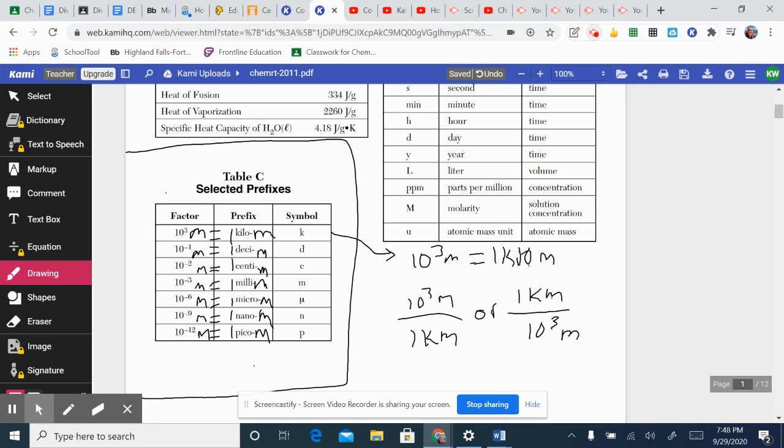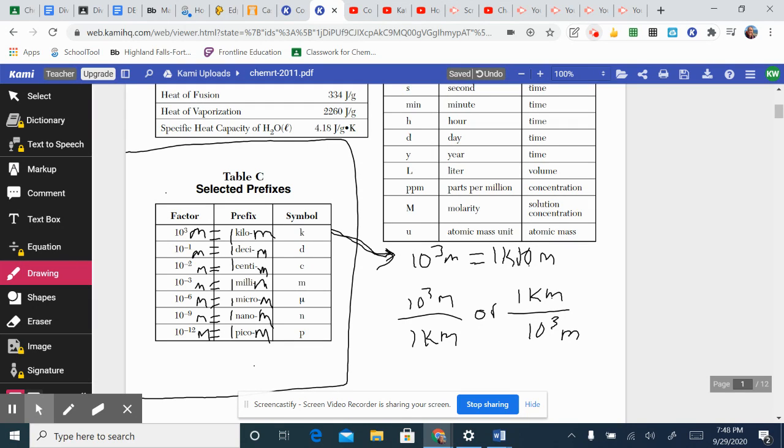And I did the same for all the other factors as well. So you can see in the second row, 10 to the negative 1 meters equals 1 decimeter, and so on and so forth. So the way you look at this is how my little note to myself on the side looks. So I just rewrote 10 to the third meters equals 1 kilometer.